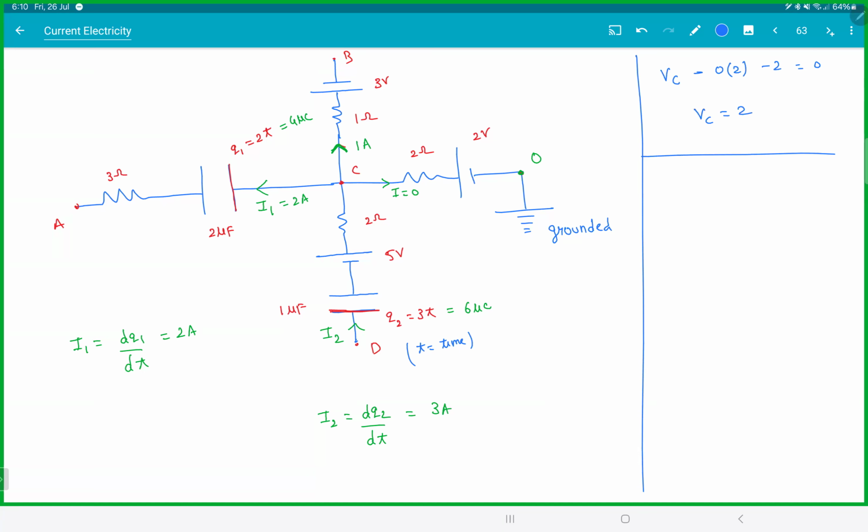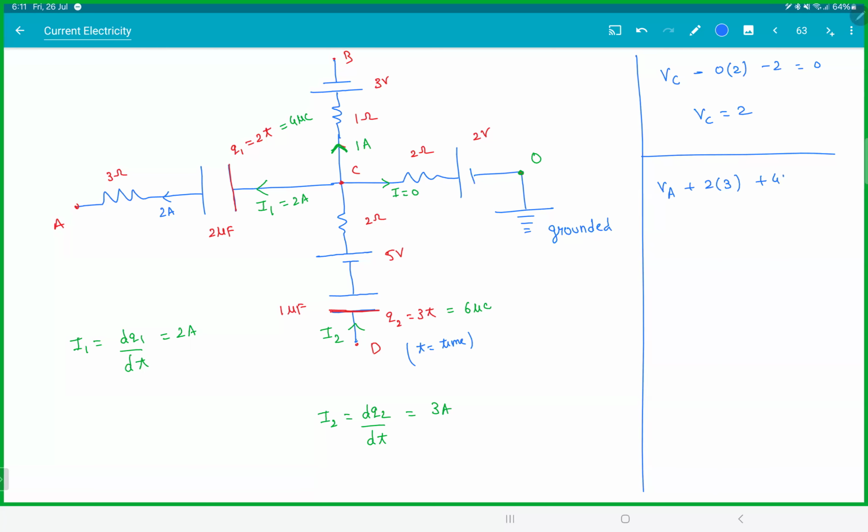Then let's go from A to C. VA, current is coming this way, remember, opposite to the flow. So plus 2 into 3. I'm going from negative to positive plate.